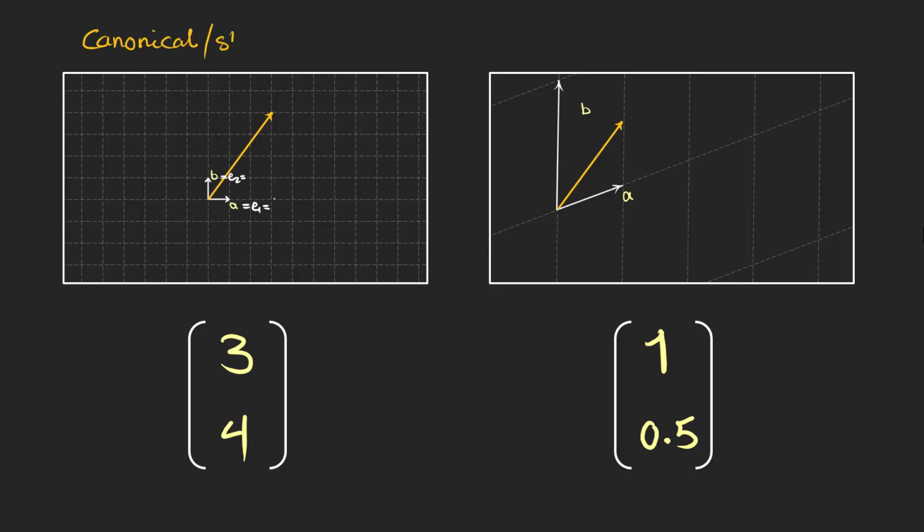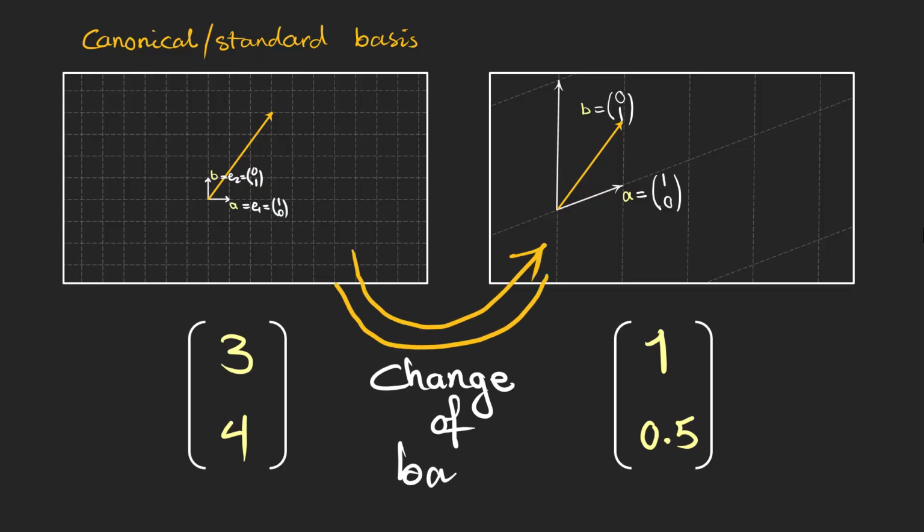This basis, by convention, is called the canonical or standard basis, for which A and B are unit vectors and also they are orthogonal. But pay attention that also in this case, A and B are presented using the same two-dimensional column matrices. In this coordinate system, the unit vector is different, and in this framework, the world is different. There's a way to change these two bases, but for now I'm not going to talk about it.